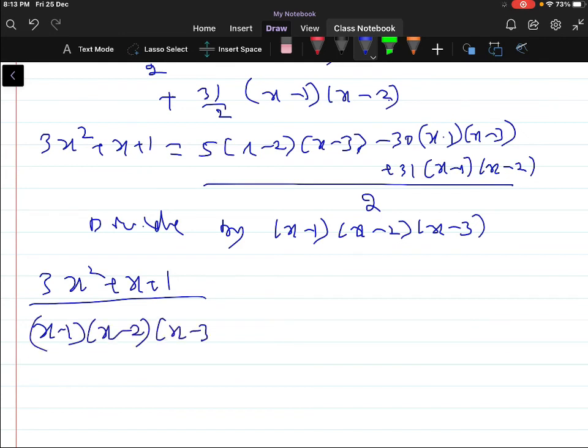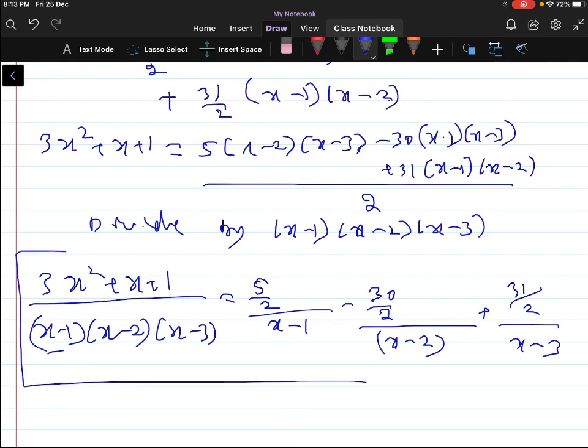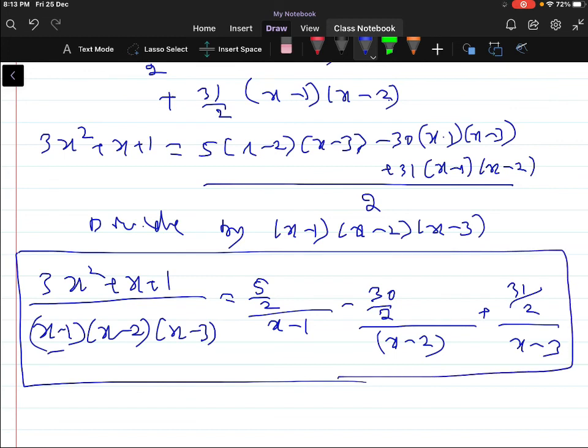So this implies 3x square plus x plus 1 divided by x minus 1 into x minus 2 into x minus 3 equals 5 by 2 into x minus 1, x minus 3 get cancelled, so the rest is x minus 1, minus 30 by 2 divided by x minus 1 and x minus 3 get cancelled, so the rest is x minus 2, plus 31 by 2 divided by, x minus 1 and x minus 2 get cancelled, the rest is x minus 3.